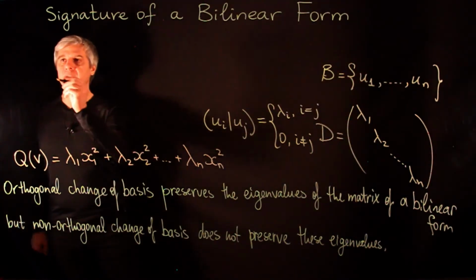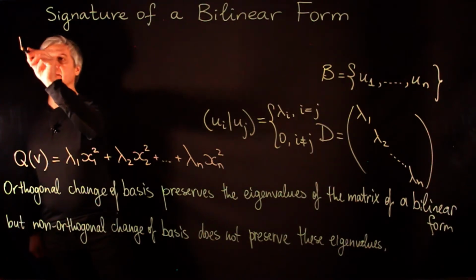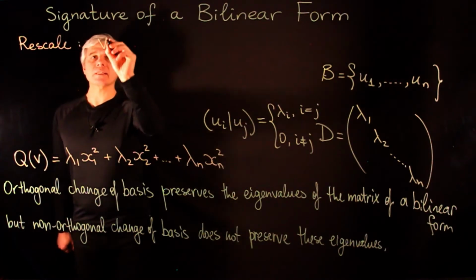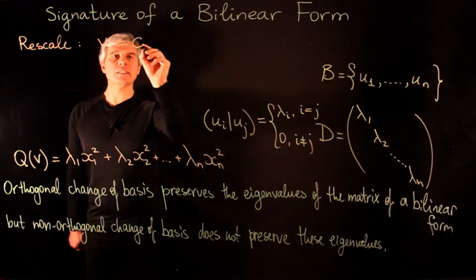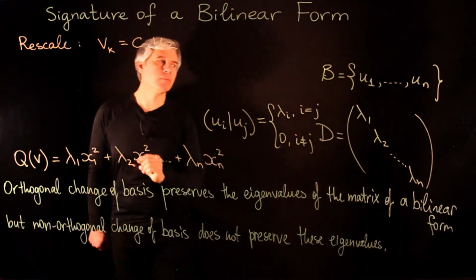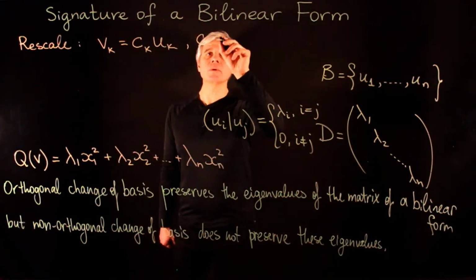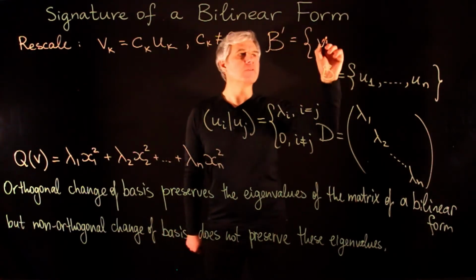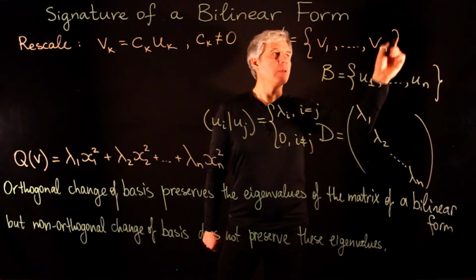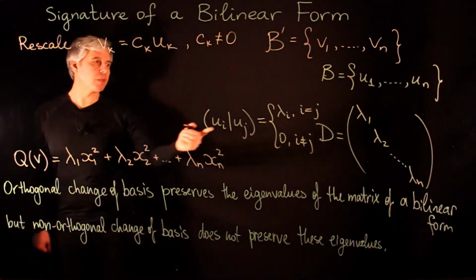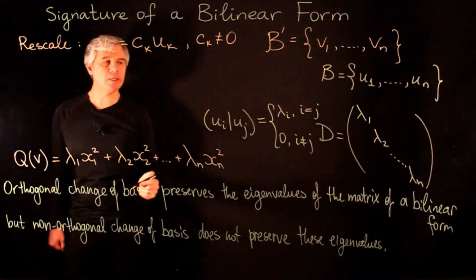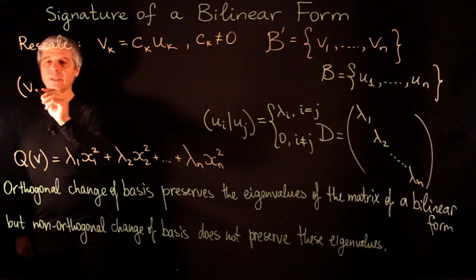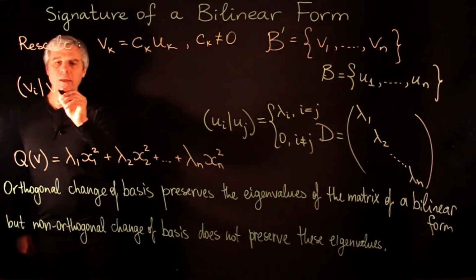Let us consider a simple example. Let us rescale our basis vectors. This means that let's say that Vk is Ck times Uk, where Ck are some non-zero real numbers. So we get a new basis B prime, which is V1 through Vn. So what will be the matrix of this bilinear form in this new basis? For this, we need to calculate what is Vi with Vj.